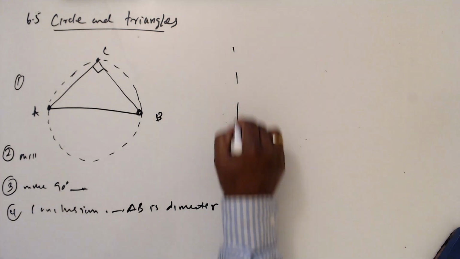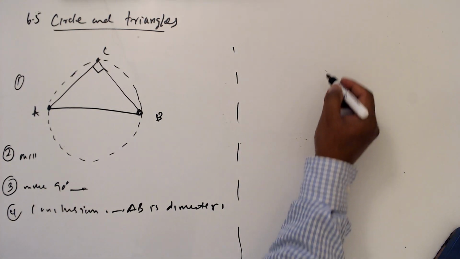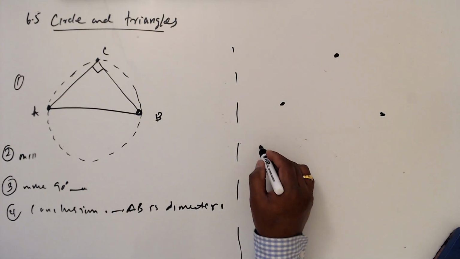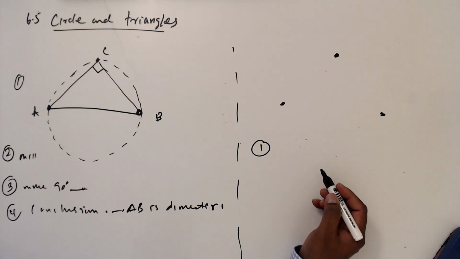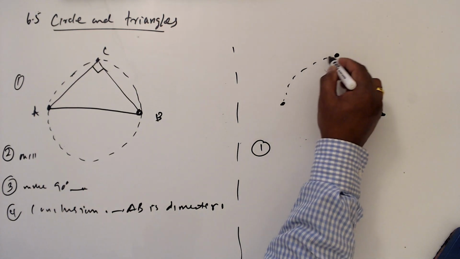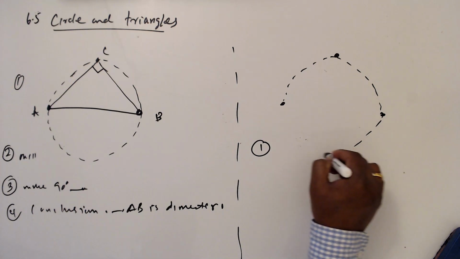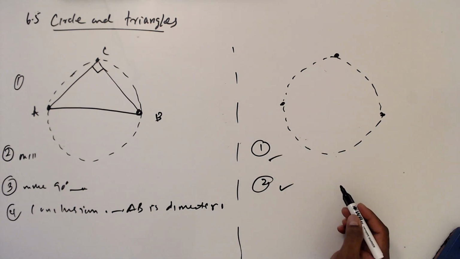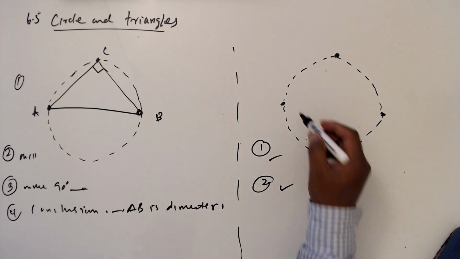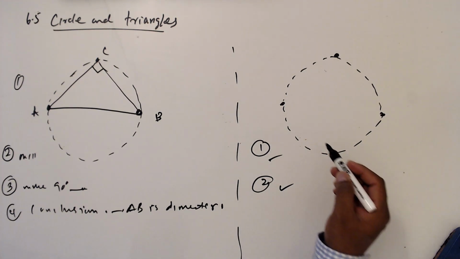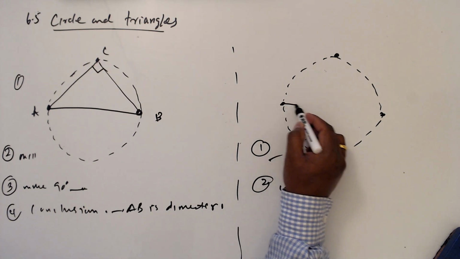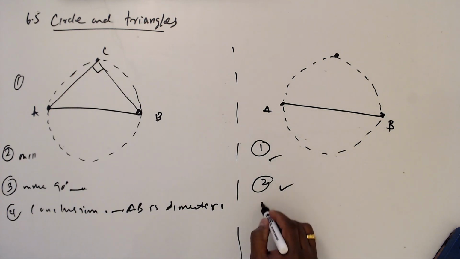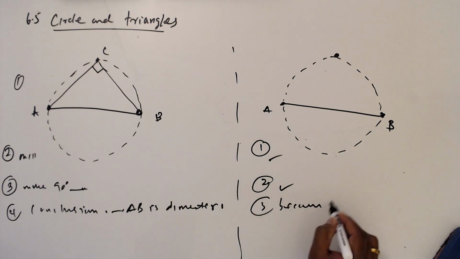Or the second data. You have 3 points. That is the first thing. And these 3 points are on the circumference of a circle. That is the second thing. And this line, when you merge the third one, it becomes a diameter.